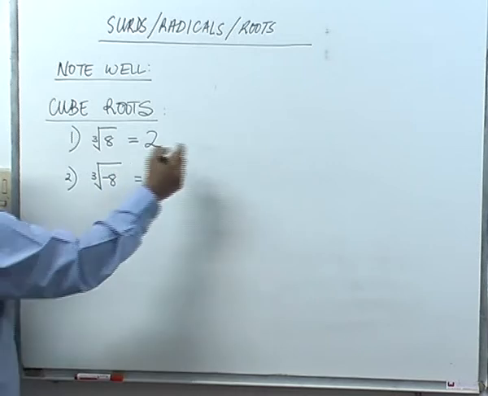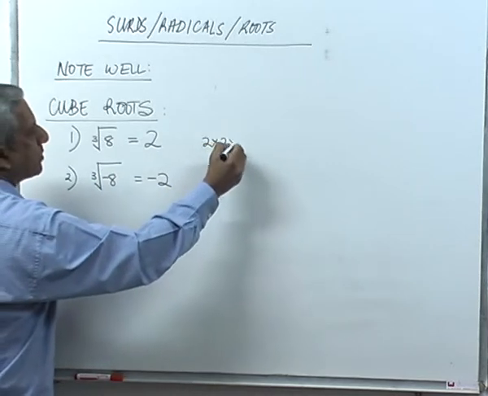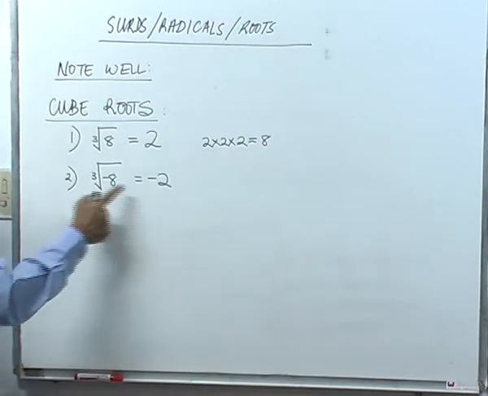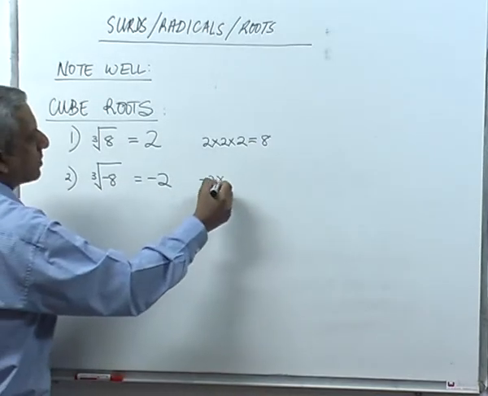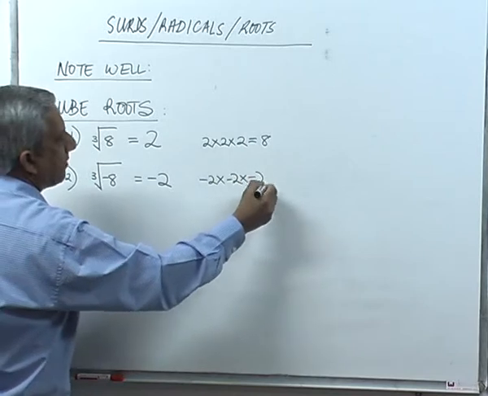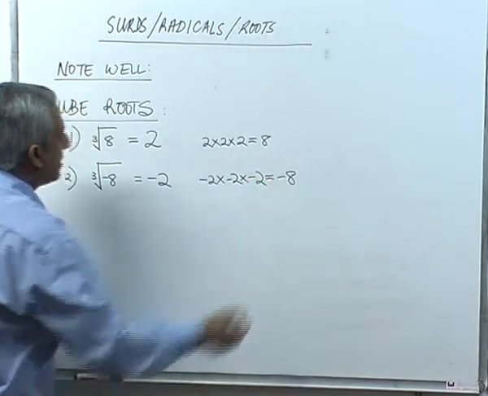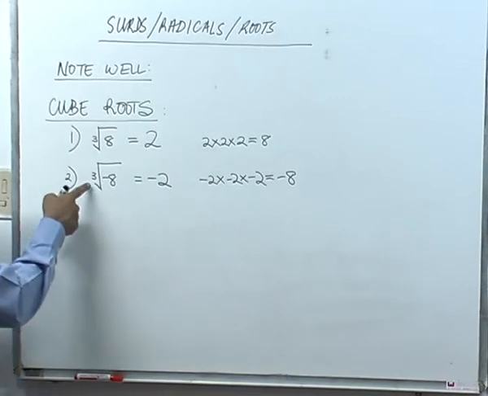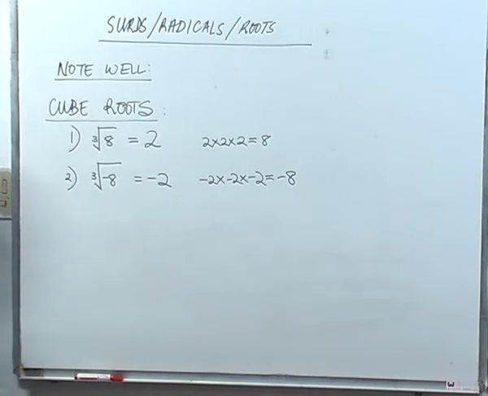See, the cube root of 8 is 2 because 2 times 2 times 2 gives you 8. Here the cube root is minus 2 because minus 2 times minus 2 times minus 2 will give you minus 8. So what we are saying is that it is possible to find the cube root of a negative number.